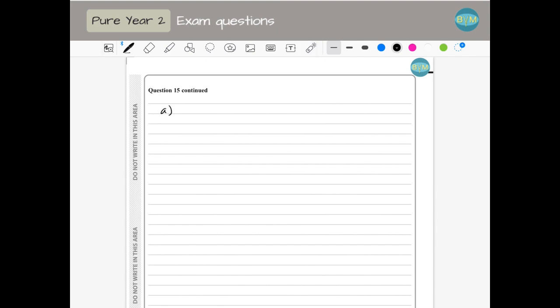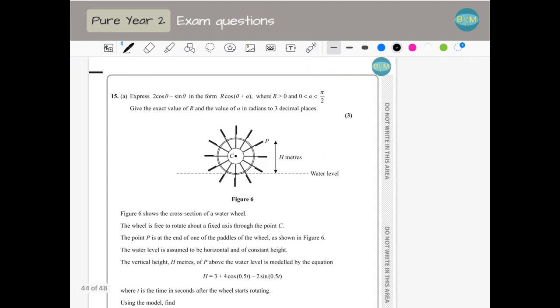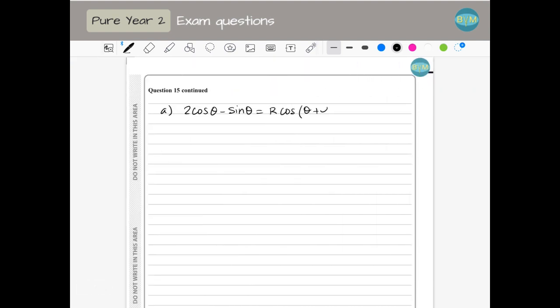We need to express 2 cos theta minus sine theta as r cos(theta plus alpha). So what we are going to do is write, using the addition formula for cos, this as: I don't change anything on the left hand side, and then I have r cos theta cos alpha minus r sine theta sine alpha.